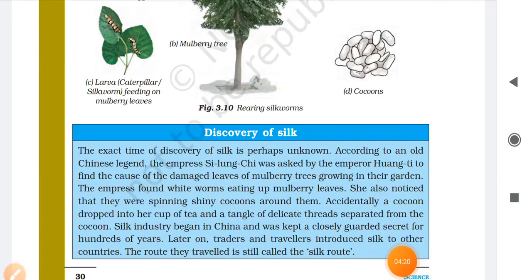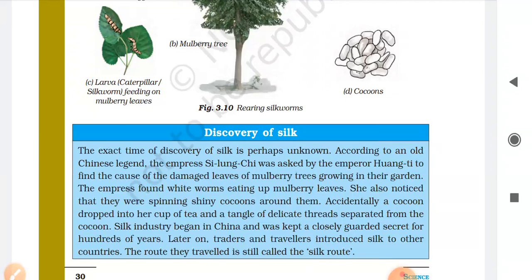Here, dear students, I want to discuss one story of where this silkworm idea came from. The exact time of discovery of silk is perhaps unknown. According to an old Chinese legend, the Empress Si Longqi was asked by the Emperor Hung Ti to find the cause of the damaged leaves of the mulberry trees growing in their garden.